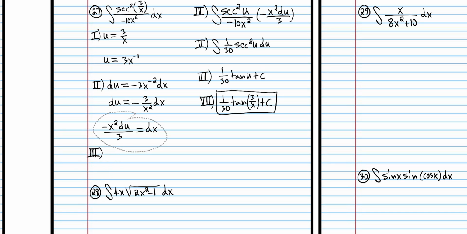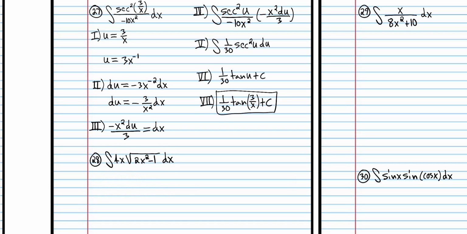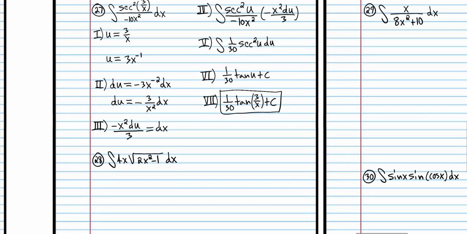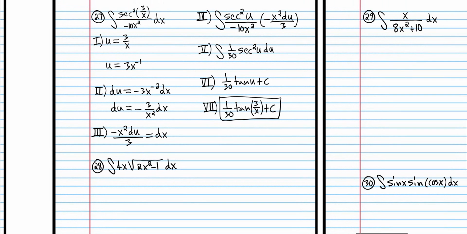And when you come back, we'll do it together. Remember, you have to choose what u is going to be equal to. We don't know exactly what it's going to be equal to. Usually it's the inside function, so try 28. When you come back, we'll do it together.